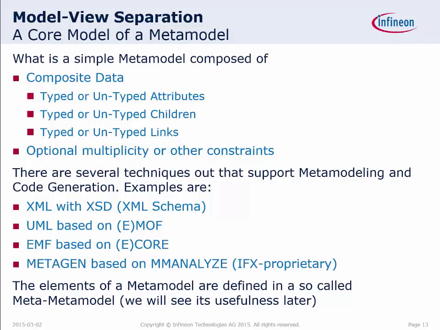But a core model in general has the possibility to have untyped and typed attributes, to have children like compositions, to have links, like linking between elements. You have the possibility to specify constraints like the multiplicity. For example, if you say my module always needs to have a register, but it does not have a register, it will automatically output a warning.